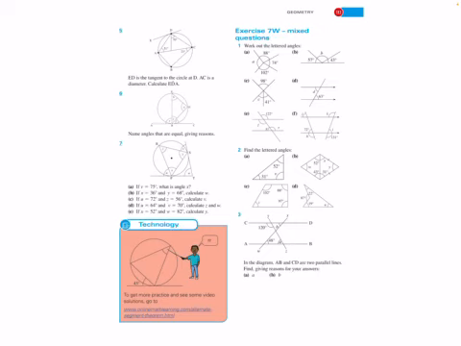If this is 78, what is this? So if this is 78, I take this as an F. This is 78, what is that? 78, 78, 78. They're all 78.